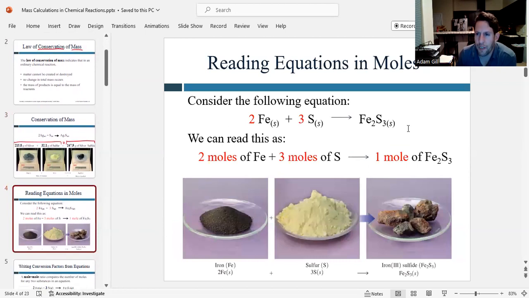Now, when we're reading equations, the coefficients tell us the number of individual molecules, or we could think of it in terms of moles. So, two irons react with three sulfurs to produce one iron sulfide. You can think of this as 2 moles of iron plus 3 moles of sulfur makes 1 mole of iron 2 sulfide.